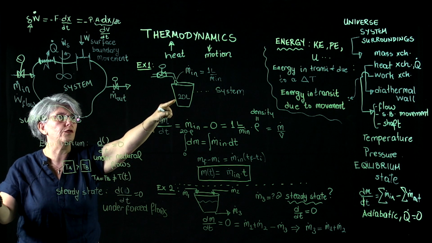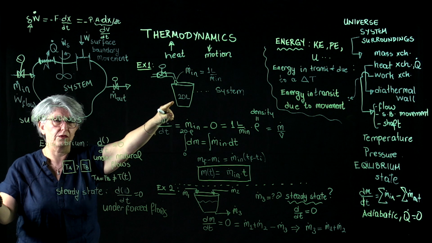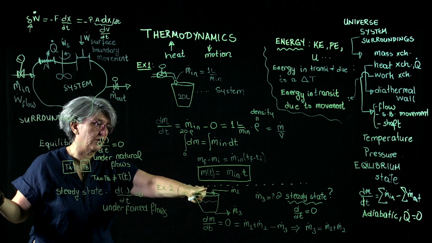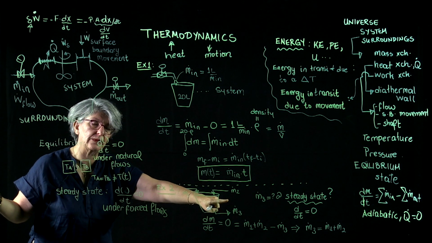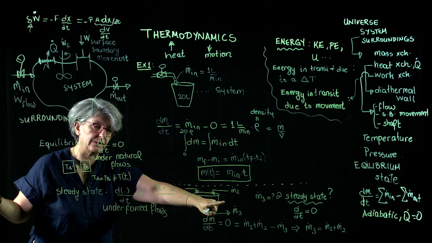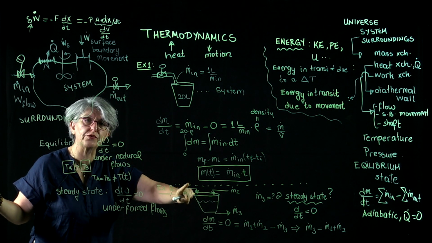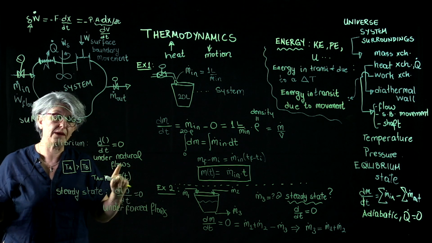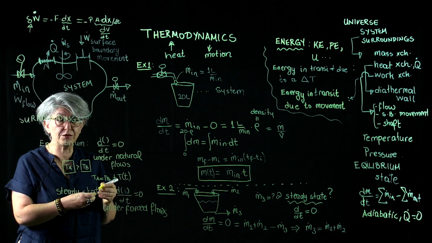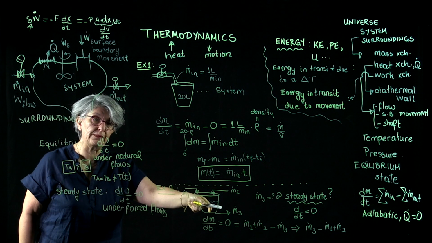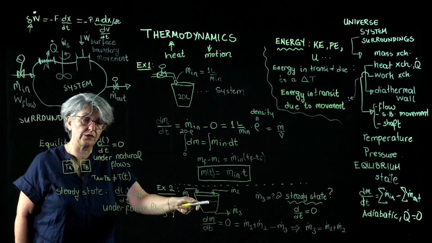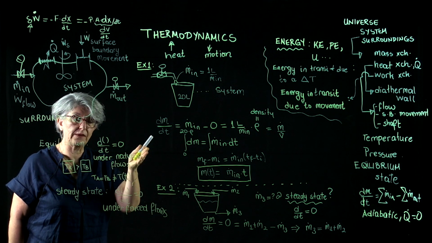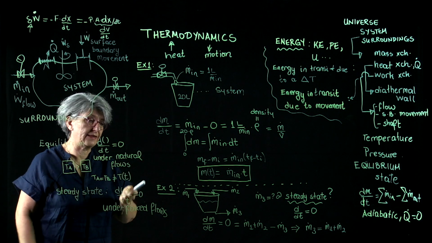We force the fluids to the system and from the system. In order for these fluids to flow through the system, we need to either put a pump or a compressor, but we have to direct the flow to the system boundary. Forced flows. Natural flows eventually will come to a cease.